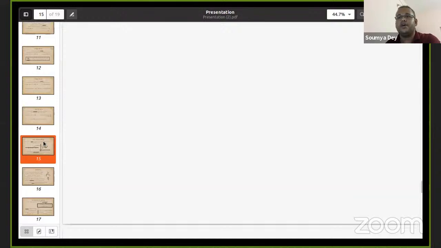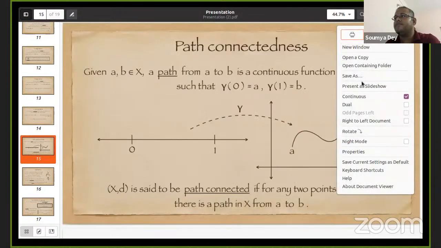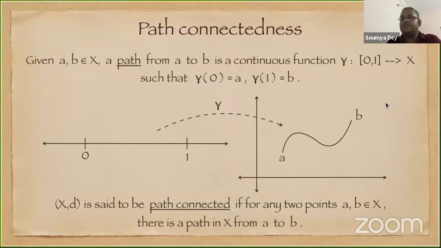Let me go again. Okay. Now, what do you mean by a path-connected metric space?